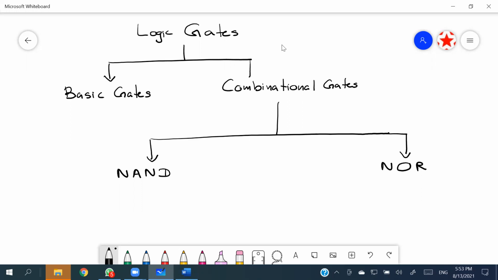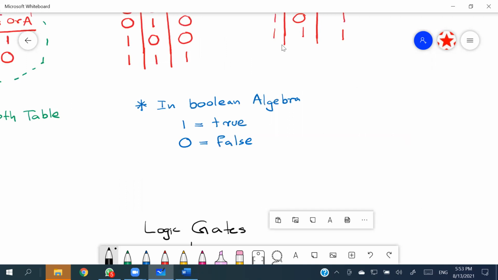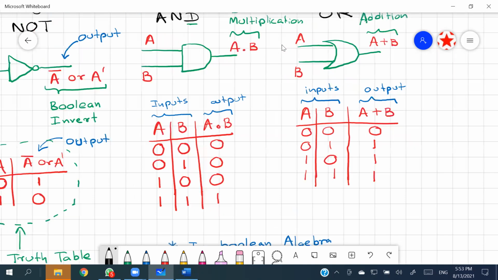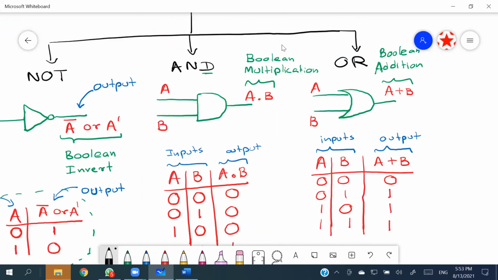So when we are designing the combinational gates, the concept that they use is to use these basic gates to create the combinational gates. So what they are doing is they take the AND gate and fix a NOT gate in front of the output of the AND gate, right?